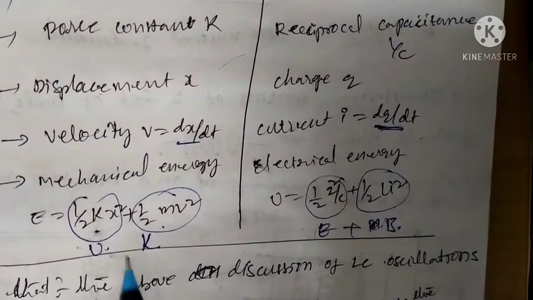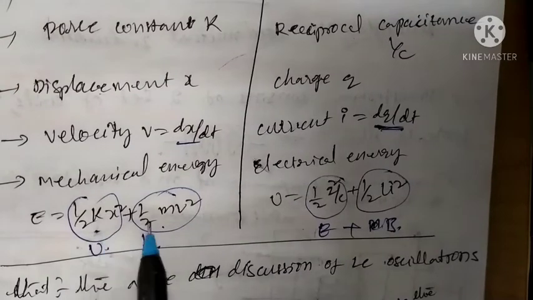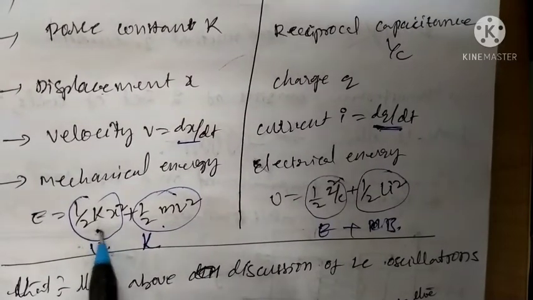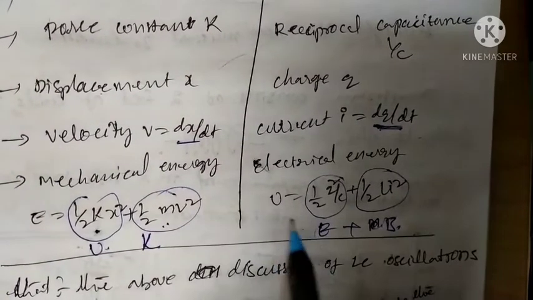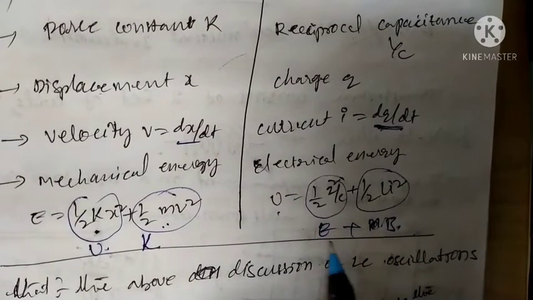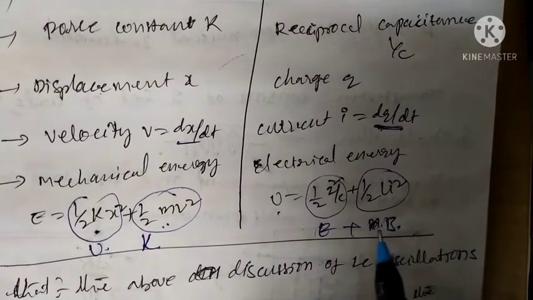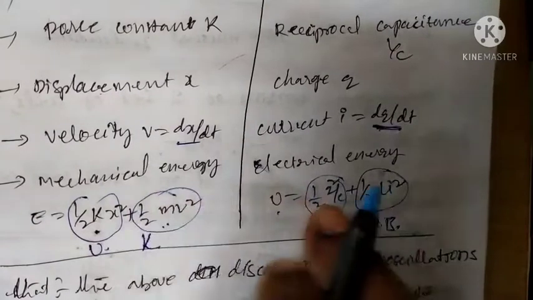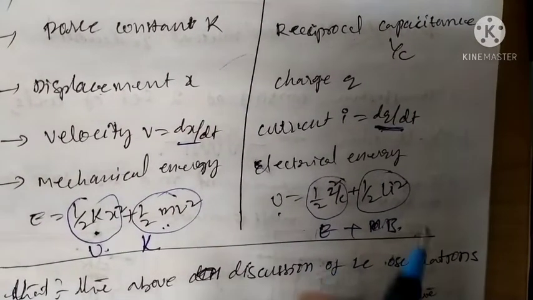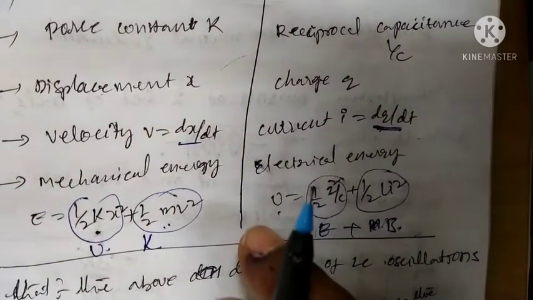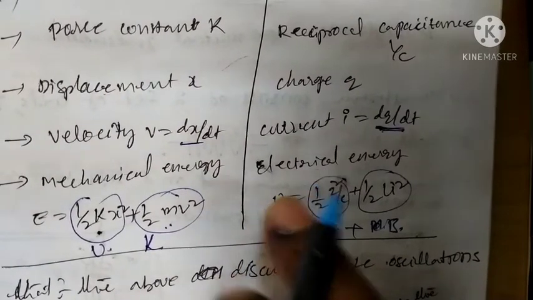Energy is stored in the form of potential and kinetic energy, that is, in electrical form and magnetic form. This is the same phenomenon: stretching, vibration, any properties or behavior are the same.